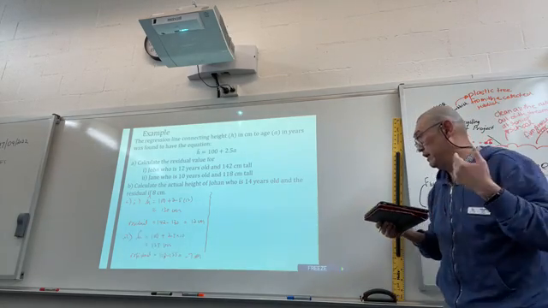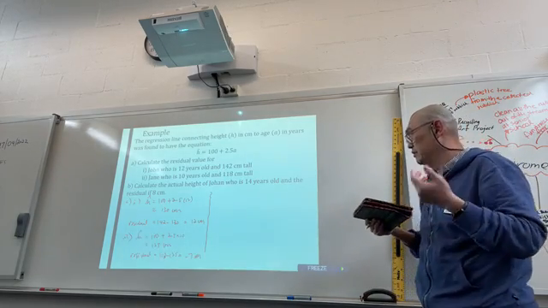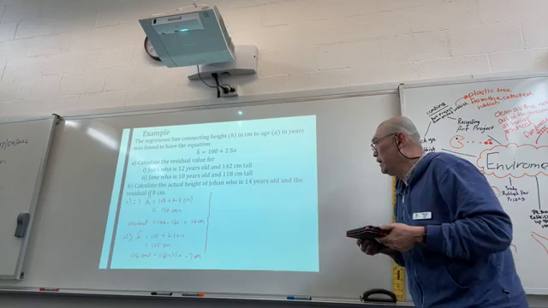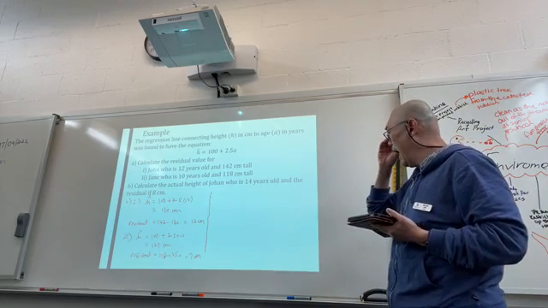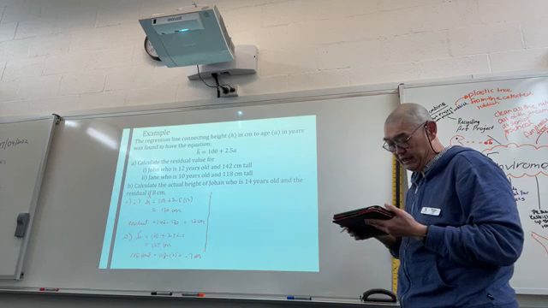Now the residual here is minus 7 centimeters. Part B: calculate the actual height of Johan, who is 14 years old, and the residual is 8 centimeters.